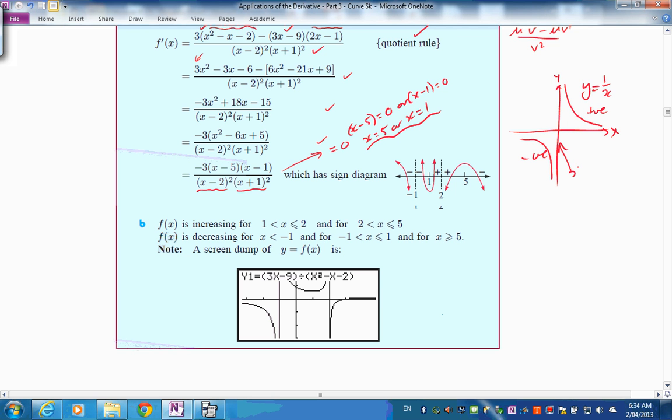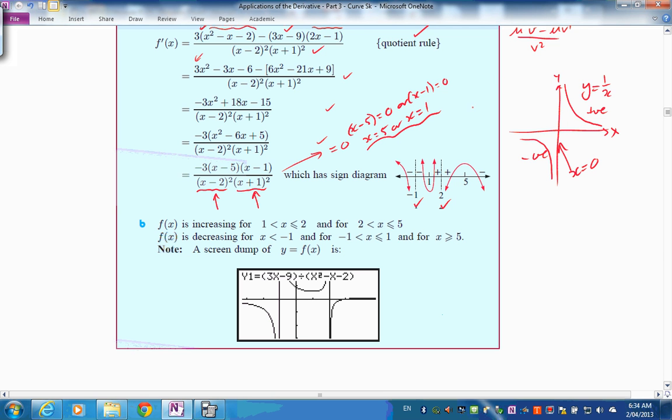The asymptote here is x is 0. So on any sign diagram for a rational function, we should put the values of its asymptotes, neg 1 and 2. They should go on there as well.